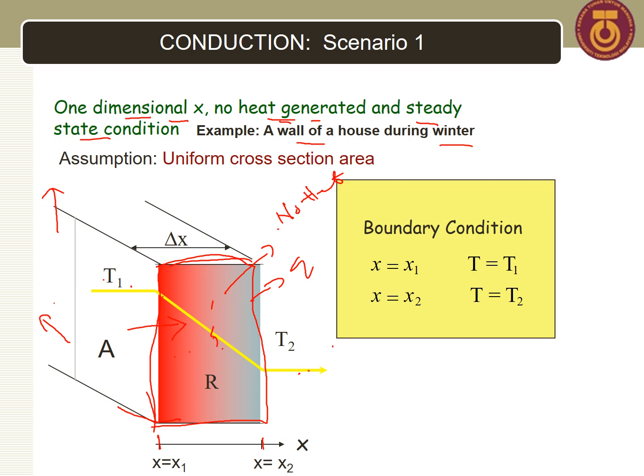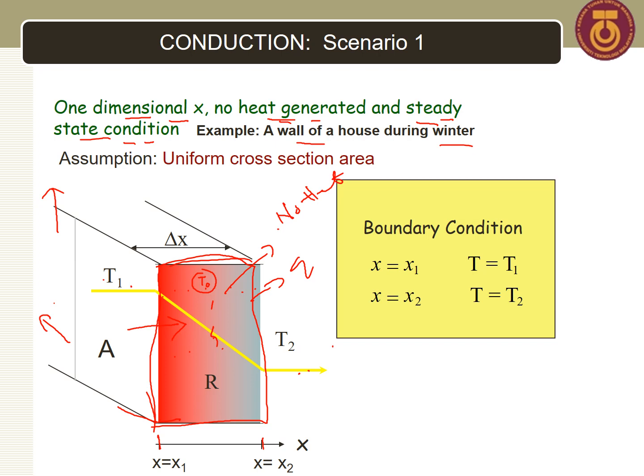Q is the same because of this steady state assumption. Another important result of steady state condition is that temperature at every point doesn't change over time. When time changes, let's say here is T naught, this point, the temperature still remains at T naught. So this is what we mean by steady state.